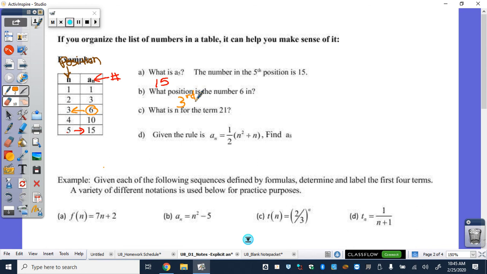Again, what is the n for term 21? Yeah, we had figured that one out on the front. So then D, given the rule, and it's still the same rule, 1/2 times n squared plus n, figure out a sub 8.